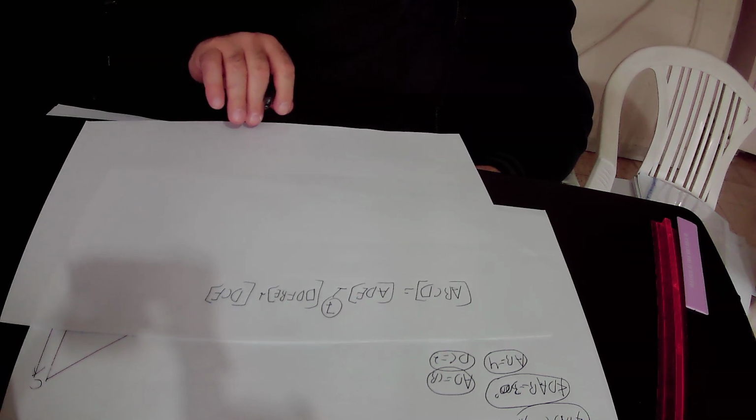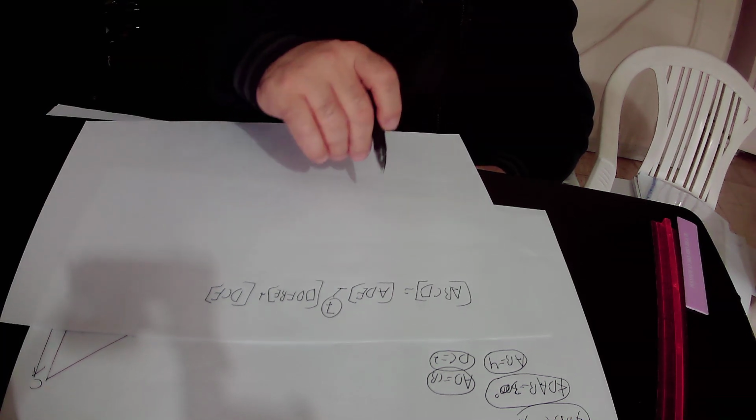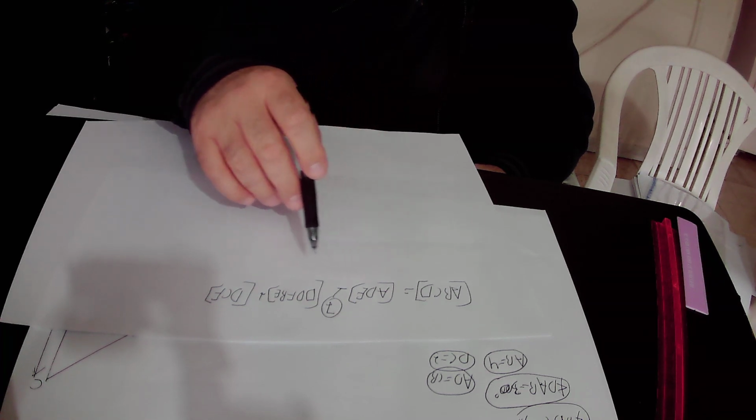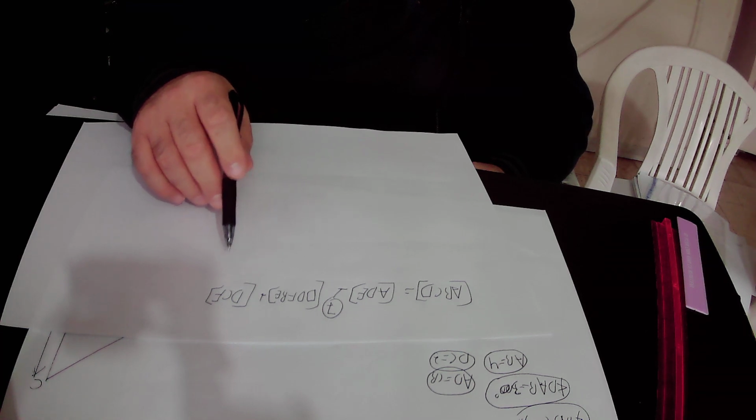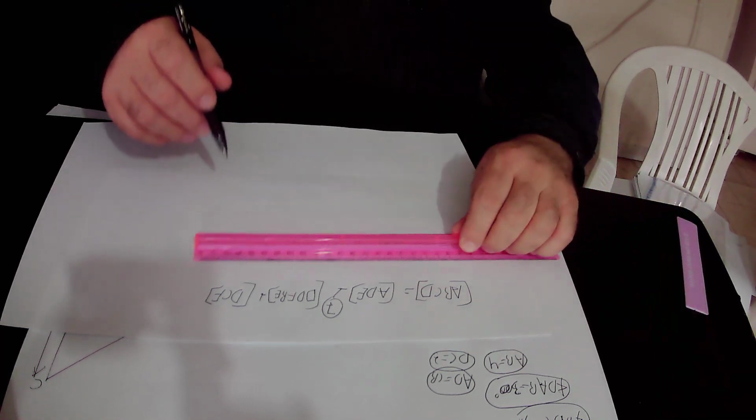Okay, the area of quadrilateral ABCD equals the area of triangle ADE plus the area of rectangle DFBE plus the area of triangle DCF.